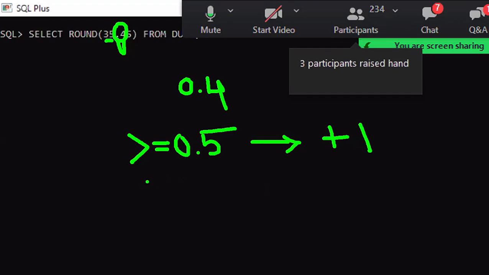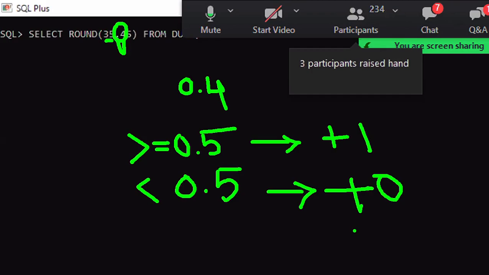Suppose it is less than 0.5, then what does it add? 0. Nothing is added.